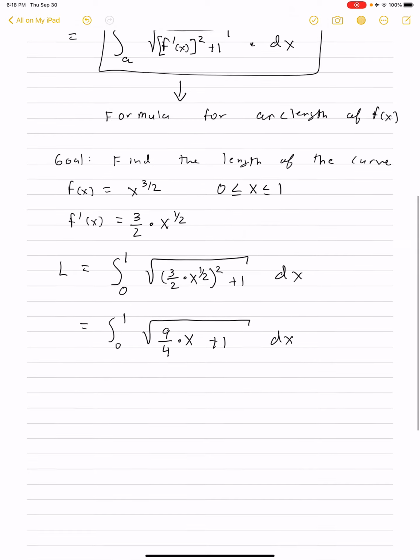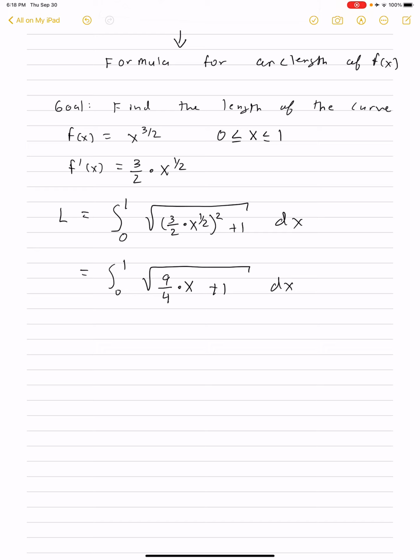Now, we can integrate this rather easily, and we'll just do a u substitution. u is everything inside the square root. So du over dx is going to be 9/4, and 4/9 times du gives us dx.